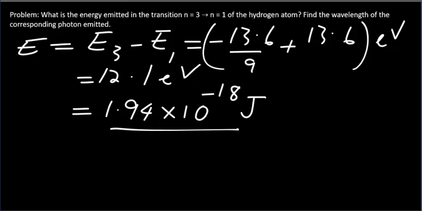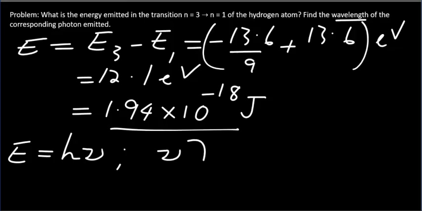Now let's do the second part, the wavelength of the radiation. We know that the energy emitted equals the Planck constant times the frequency of the radiation. Now we know the frequency of a wave times the wavelength equals the speed of that radiation, which in this case is the speed of light. So substituting the numbers, we should do the calculation in joules.